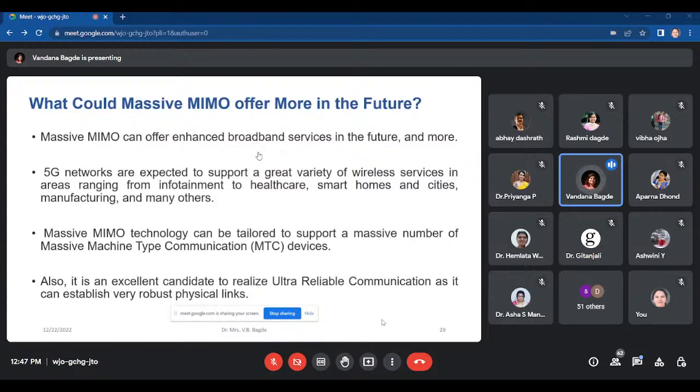The type of communication, the type of network, the mode of communication is going to change when we deploy more antennas. Such networks are expected to support a greater variety of wireless services.